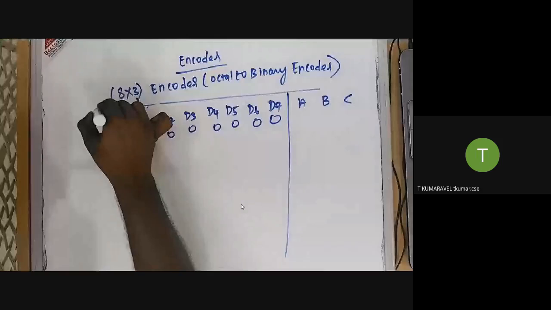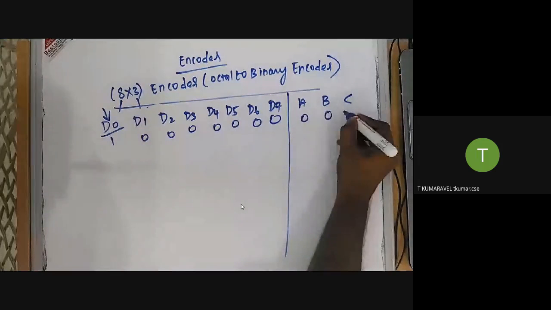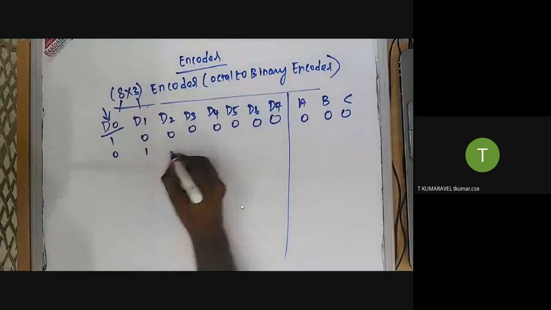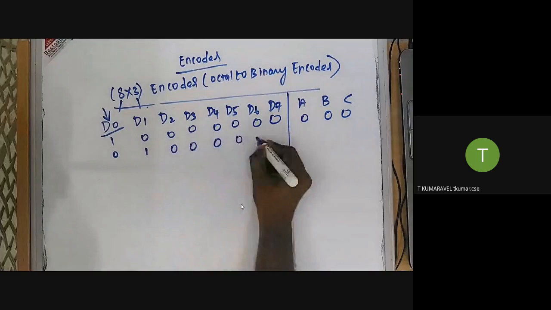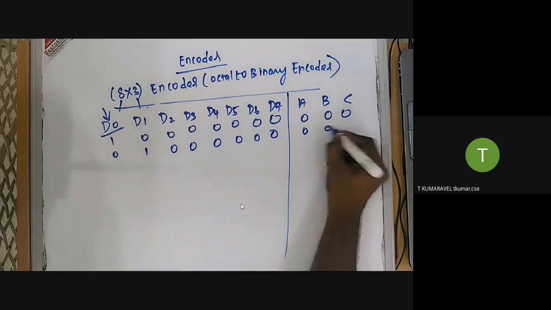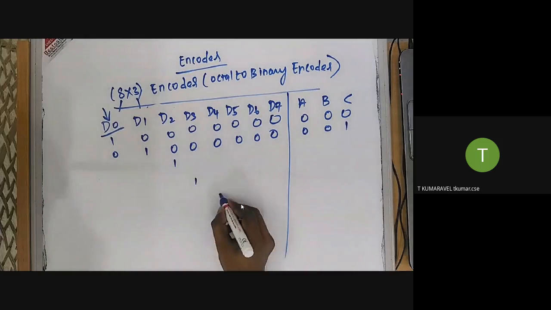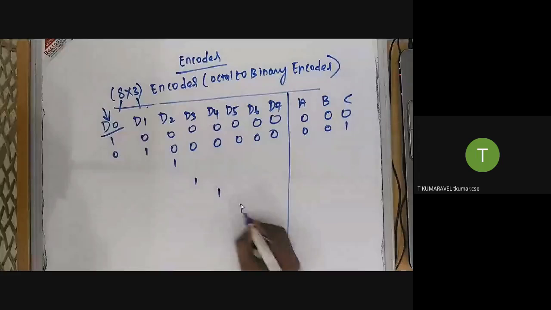What is the subscript here? 0. So the output is 0. What about the next? Here 1, so the output value is 1. Next case here 1, the next case 1, the next 1, and this is the last case.